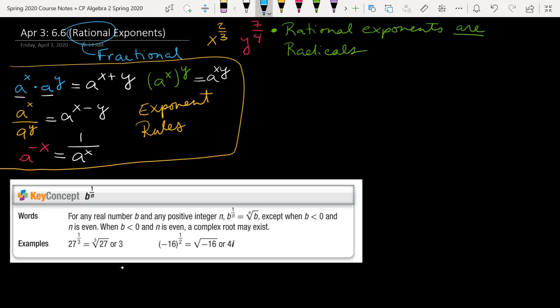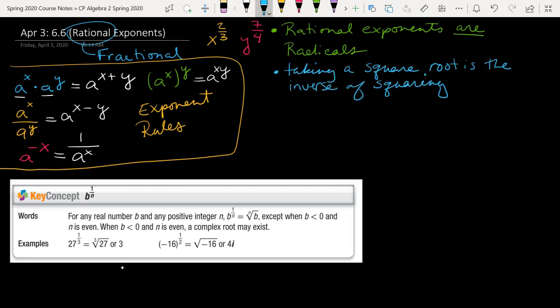The classic example of how fractional exponents work has to do with squaring and taking the square root. We know that taking a square root and squaring something are inverse operations. So we want a way to make this fit with the exponent rules so that it also fits with the inverse function rules.